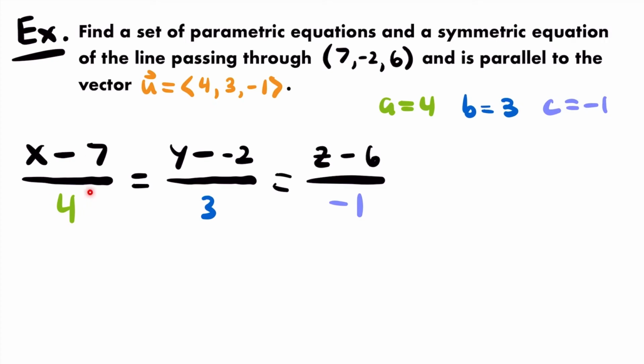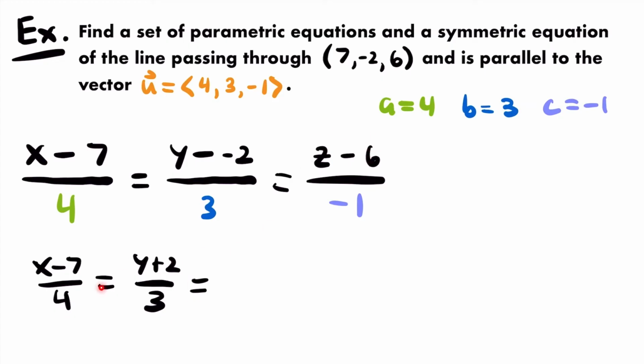Now if we simplify, there's nothing to really change for this part, so we're just going to have x minus 7 divided by 4, and that will be equal to y minus negative 2 divided by 3. Y minus negative 2 will become y plus 2, so we have y plus 2 divided by 3, and then that will be equal to z minus 6 divided by negative 1. Now, if you wanted to, you could divide both of these values by negative 1, and so you'd have positive 6 and negative z.